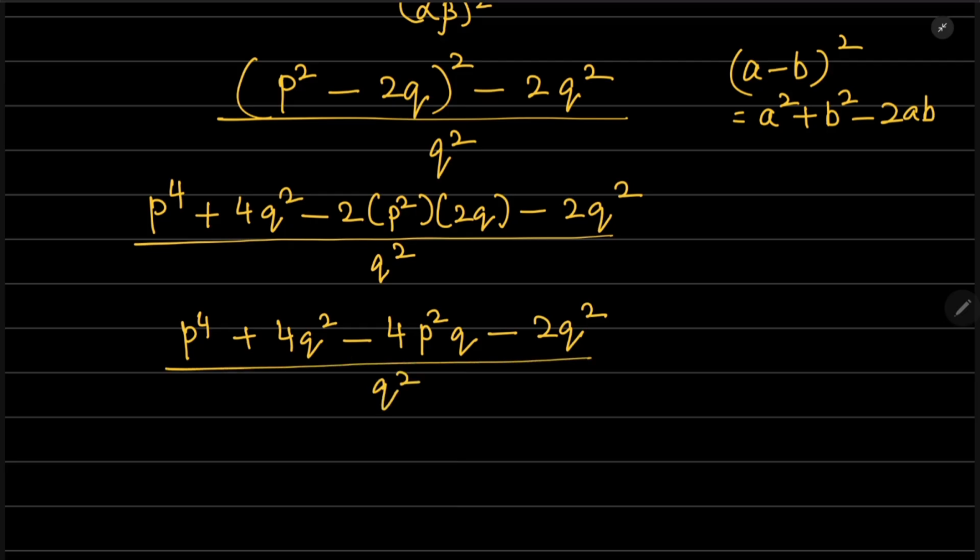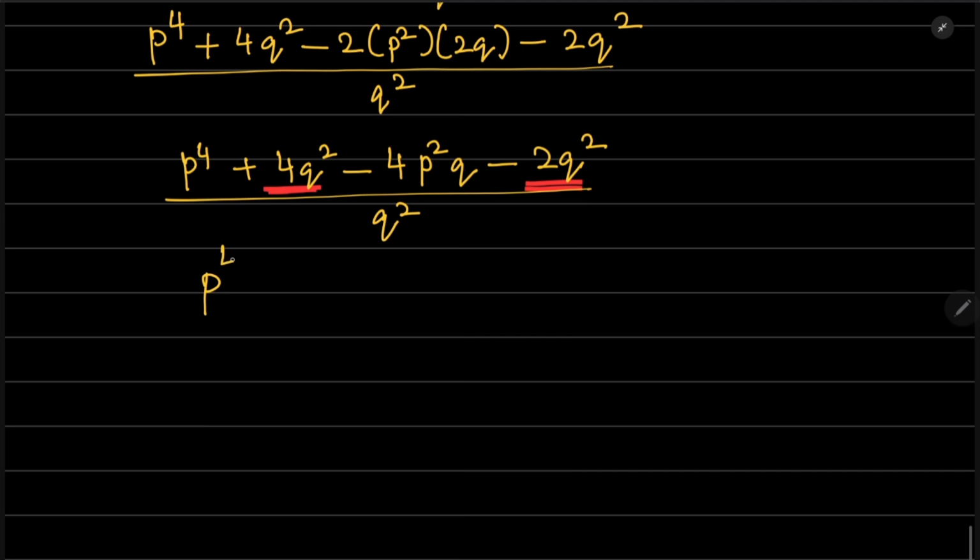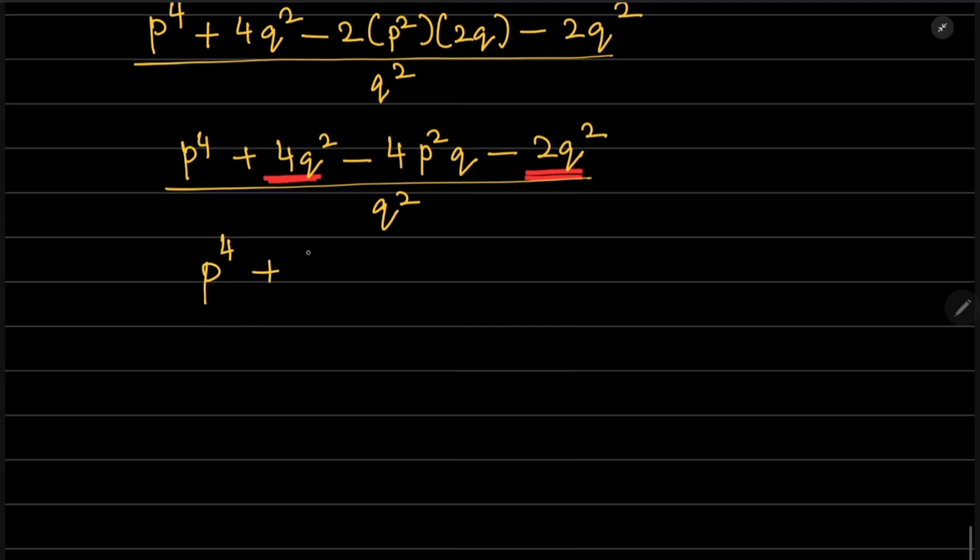Now these two are like terms, so just combine them. So what will you get? P to the power 4 plus, what is 4q square minus 2q square? It's 2q square minus 4p square q divided by, the denominator is q square.